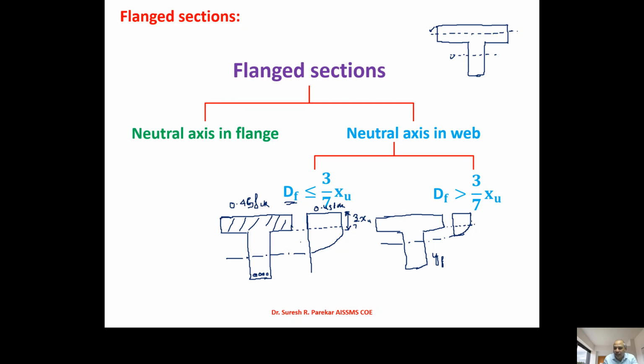But in the other case, the height of the rectangular block is less than the flange, and therefore our concrete does not have the same stress of 0.45 FCK. As it is not the same stress, we have to consider a depth equal to YF, and YF is always less than df. So we will see now in detail.